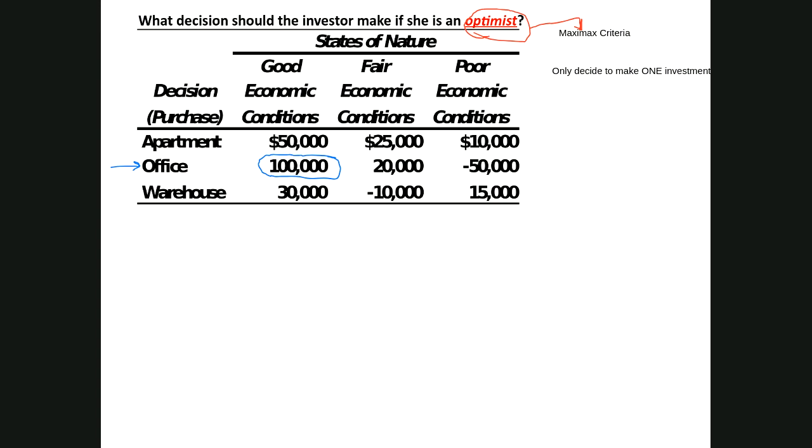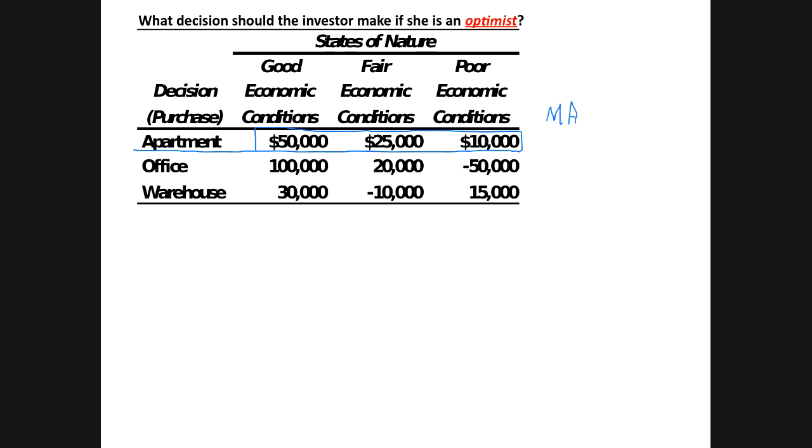So the maxi-max approach does exactly what you're able to do by inspection, essentially. We consider each decision independently. For each investment we build a table and choose the maximum return.